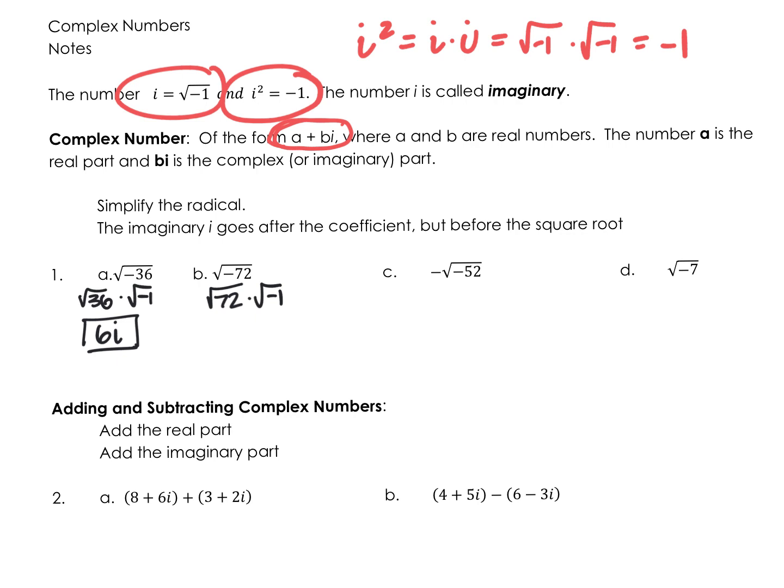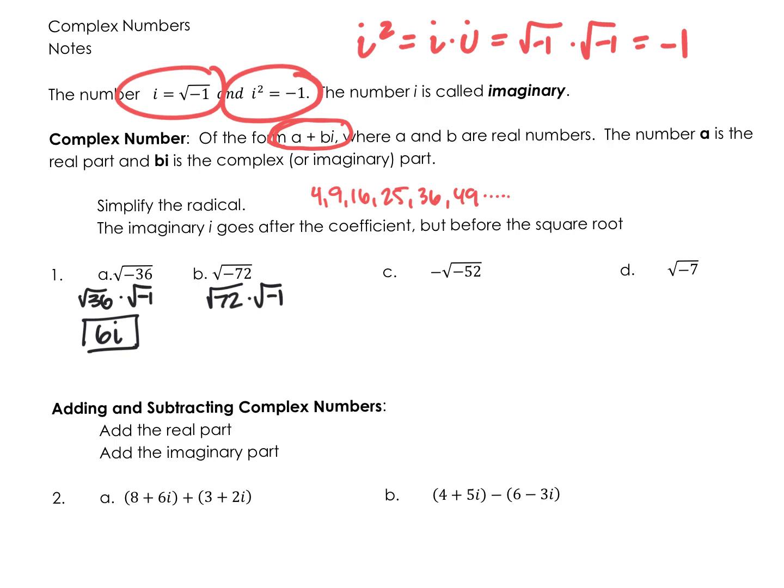This is the hardest part about today, going back and bringing back our simplifying radicals. So we're going to find the biggest perfect square that divides 72. Remember, that's how we do that. Our perfect squares are 4, 9, 16, 25, 36, 49, and so on. If you don't already have a calculator and you need one, go grab one. And I want you to find the biggest perfect square that divides 72.